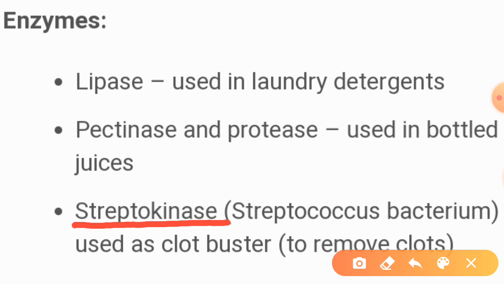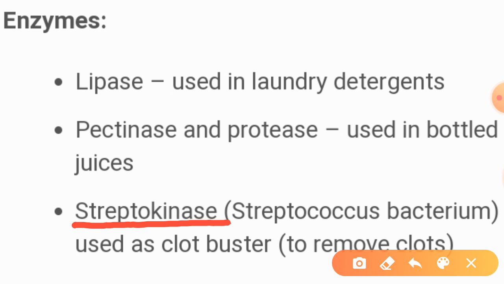There is a bacterium called streptococcus, which is very helpful. This streptococcus bacterium can produce this enzyme, modified with the help of some specific type of biotechnology. Means on the basis of genetic engineering it can be modified and utilized in different places.